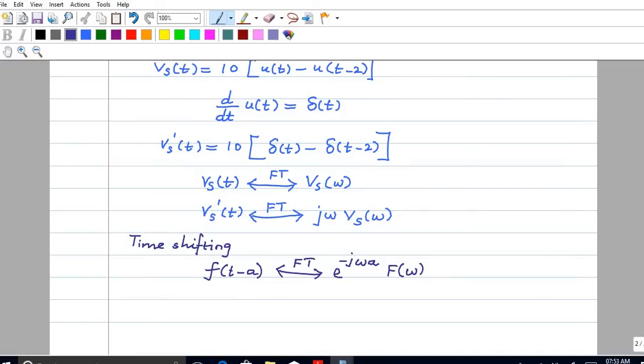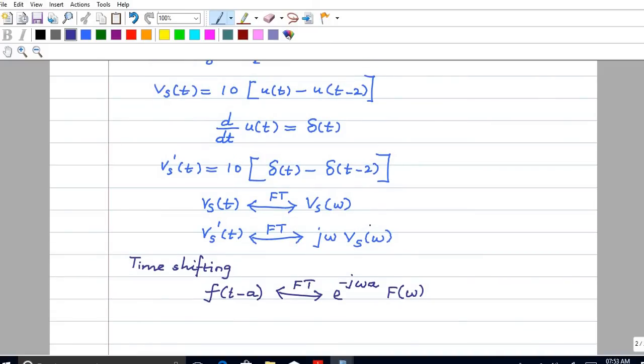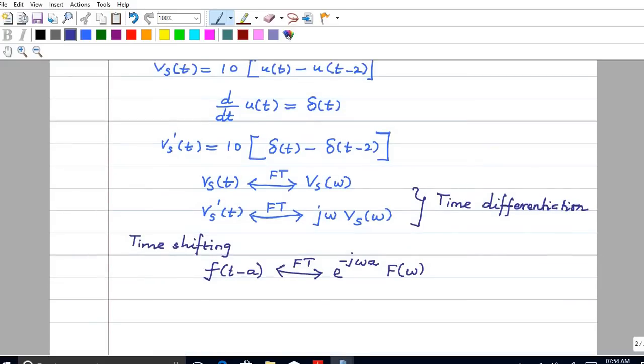So I'm going to use these two properties: time differentiation and time shifting.